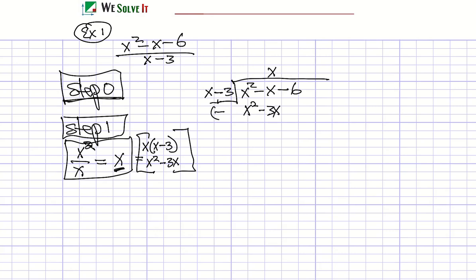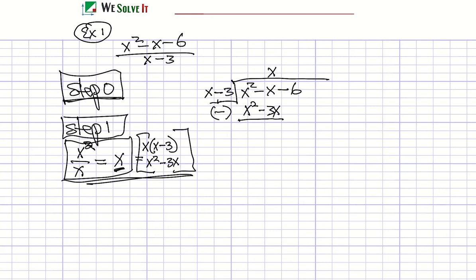And we'll subtract. We'll put our subtraction sign there. I want to do it this way, that way I have space and I can see what I'm doing. Because if I start doing stuff vertically, then I run out of space. So what do we do? Subtract. When you subtract, notice that x squared cancels x squared, because x squared on the bottom becomes negative, and then 3x becomes positive.